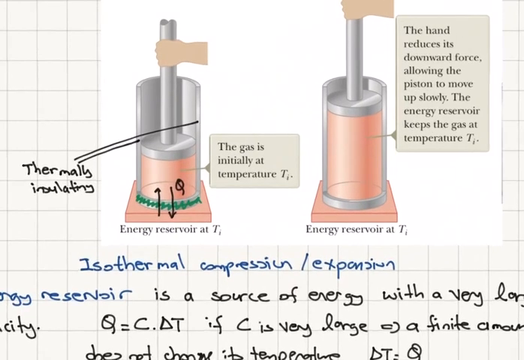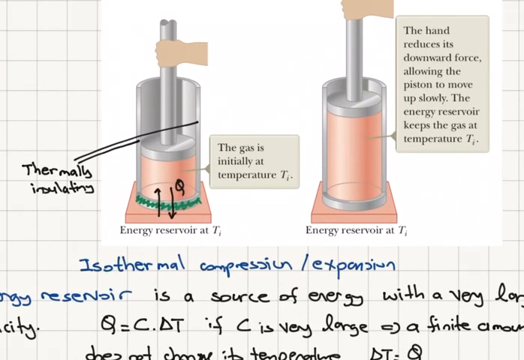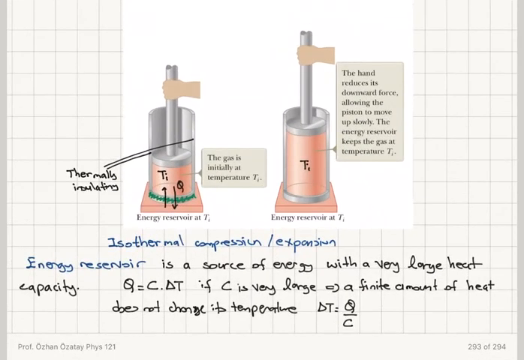So while this system is exchanging energy in the form of heat with this energy reservoir, its temperature doesn't change. So if the system stays at equilibrium at all times, the temperature of the gas will stay at this initial temperature, because the temperature of the gas is fixed by the energy reservoir.